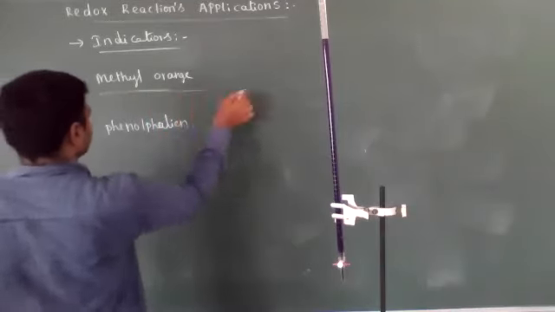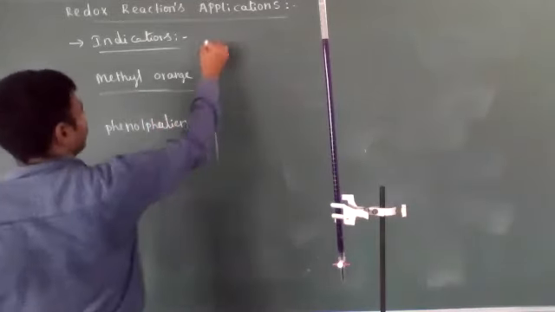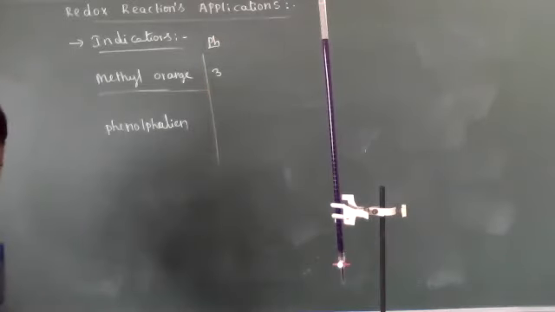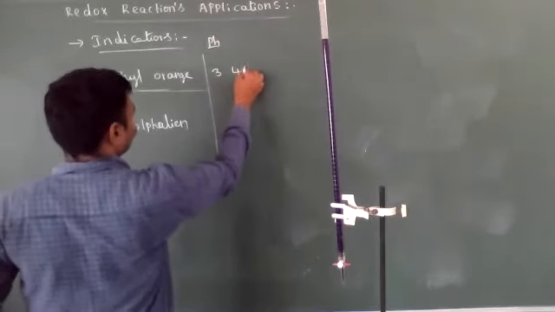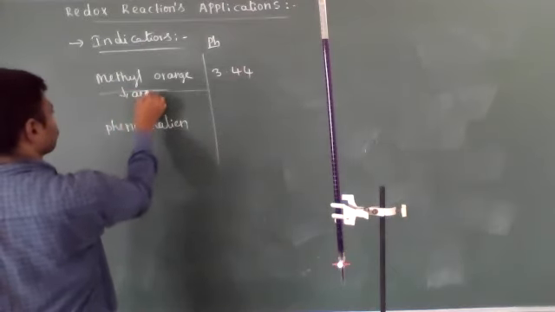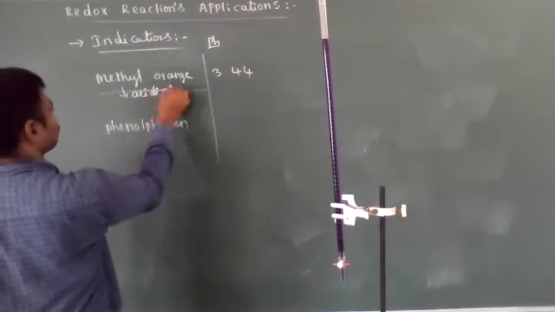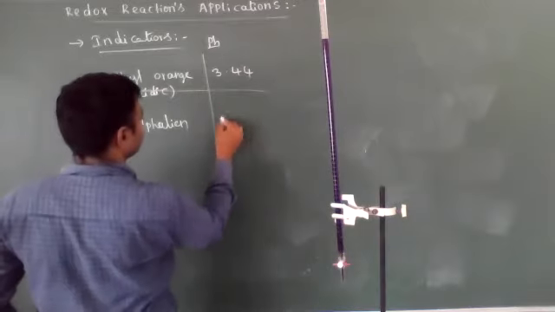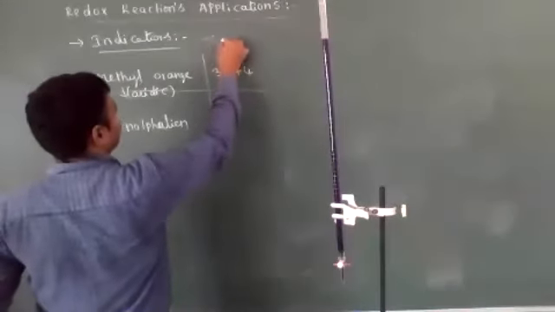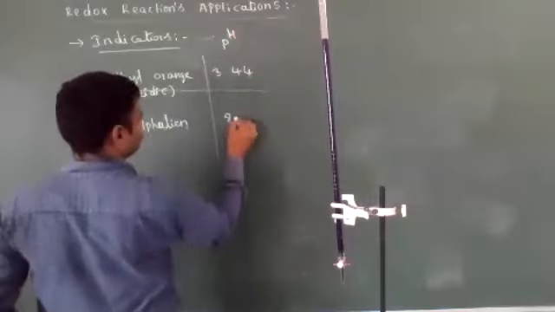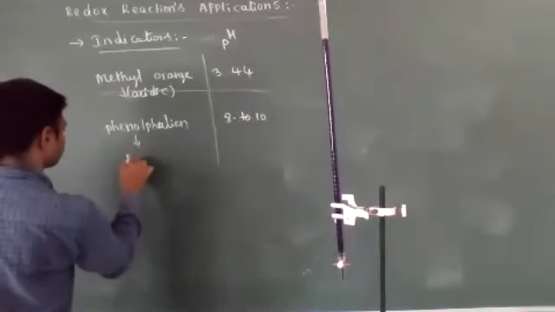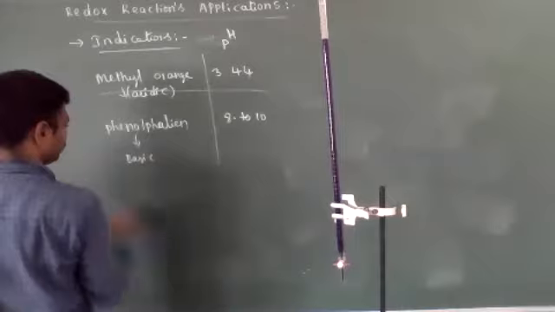The methyl orange indicator pH range is 3 to 4.4. 3 to 4.4 means acidic indicator. And the phenolphthalein indicator pH range is 8 to 10. 8 to 10 is a basic indicator.